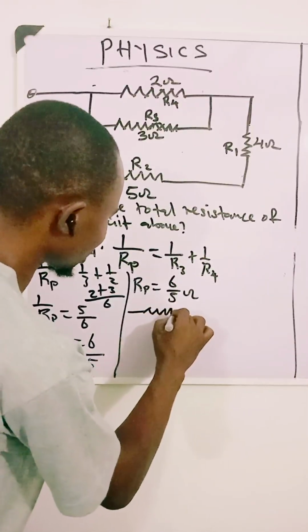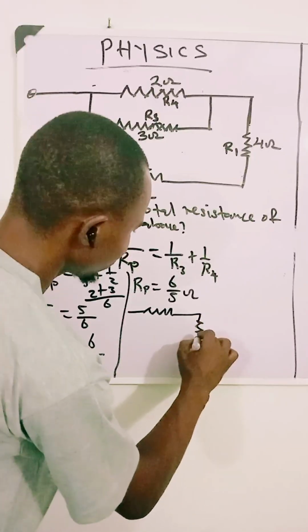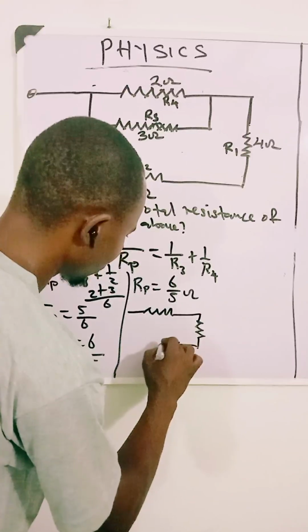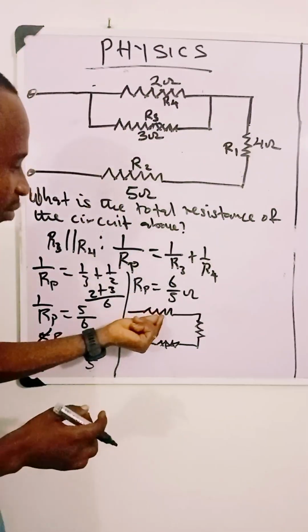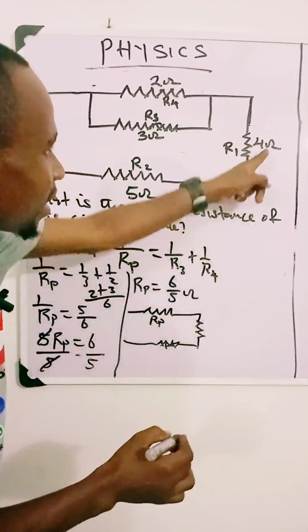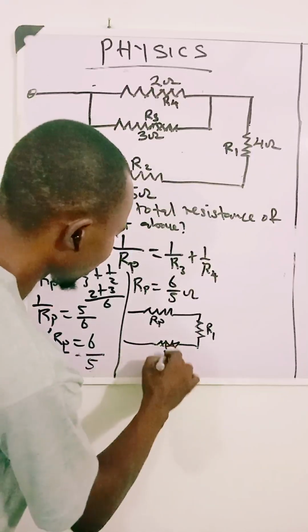Let me just redraw the circuit like this. Good. Now this aspect now is my RP, this is my R1, and this is my R2.